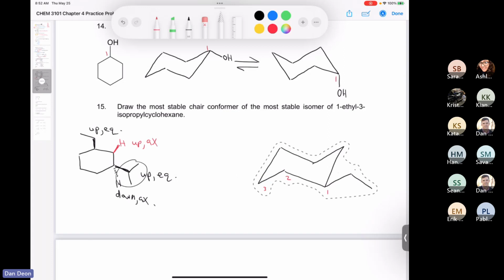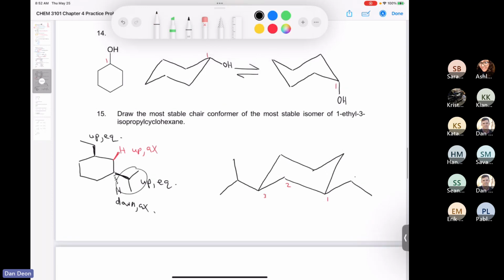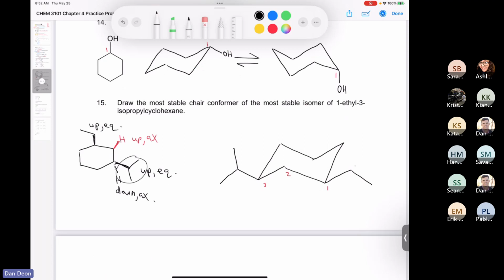There we go. Then I have the isopropyl group that's going to be up and equatorial. So here's my isopropyl group, and that would be the most stable conformer of this molecule, right? If you were to draw both of these pointing down, or if you flip the ring, they'd both be up, but they'd both be axial. All right, so that would be the most stable conformer of this compound.